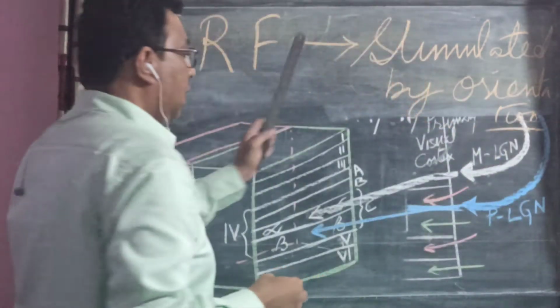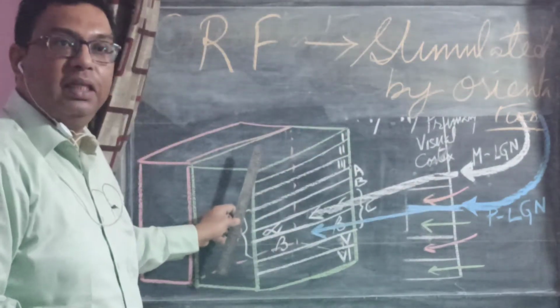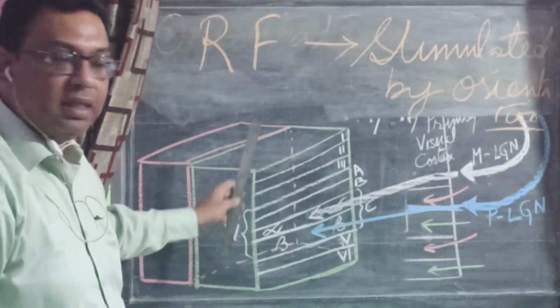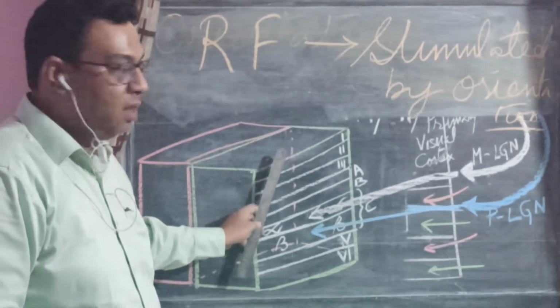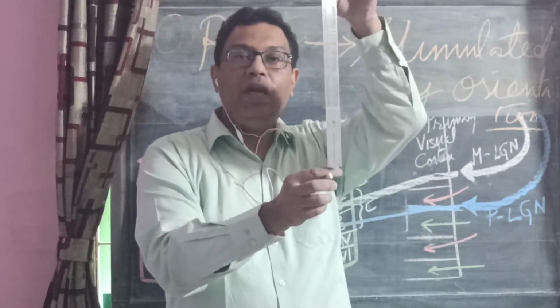Orientation means that there are cells having receptive fields in the cortex which will only be stimulated at a given orientation.